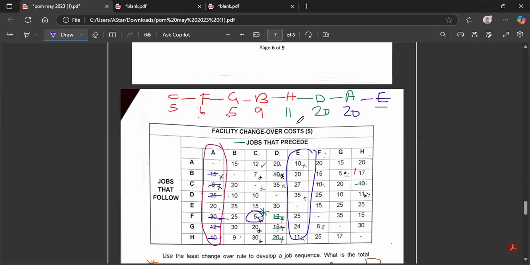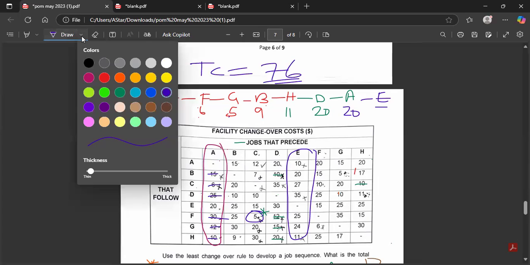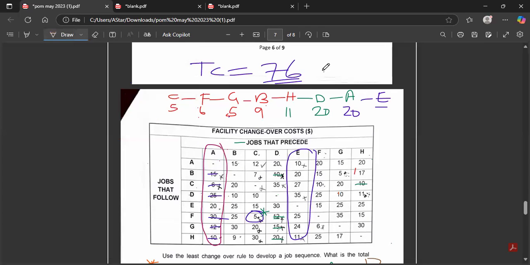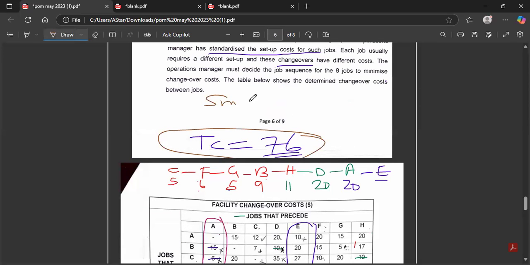What are we getting? 5 plus 6 plus 5 plus 9 plus 11 plus 20, 26. So this one is giving us a total cost of 76. Are we together? So you choose this same guy with a smaller cost.